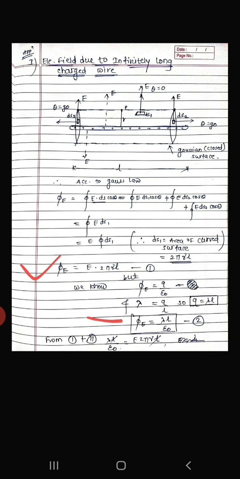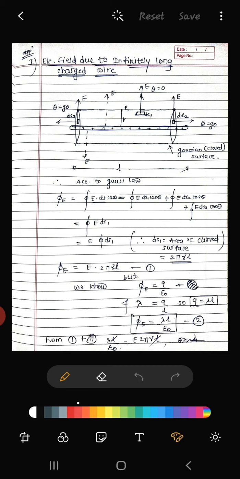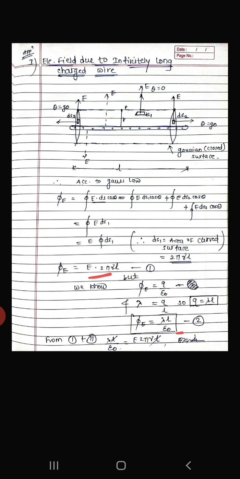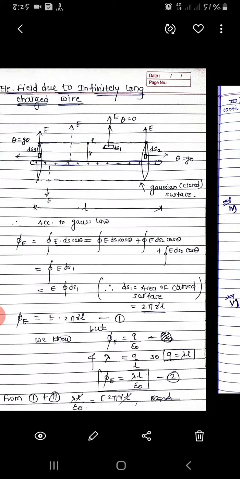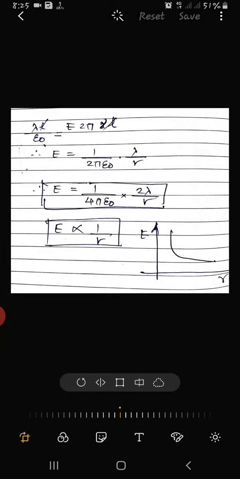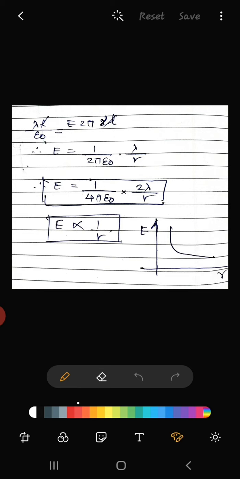From equations 1 and 2, both right-hand sides are equal as the left-hand side is the same, so we can write lambda L upon epsilon naught is equal to E 2 pi R into L. Here L will get cancelled.